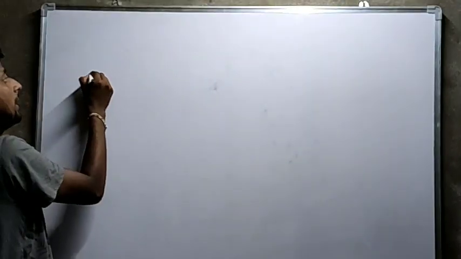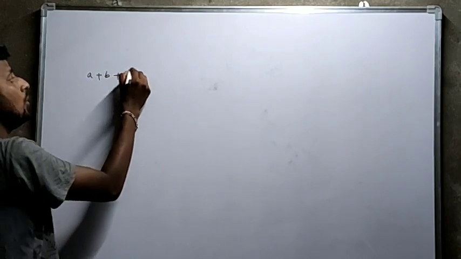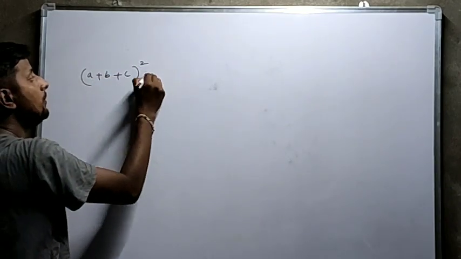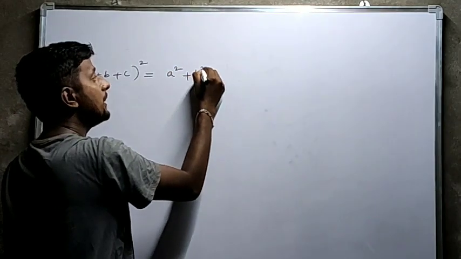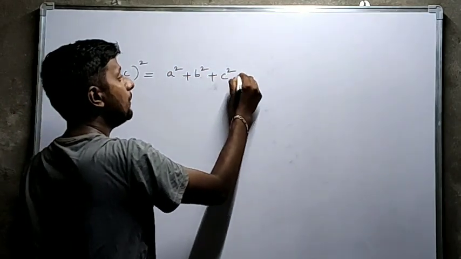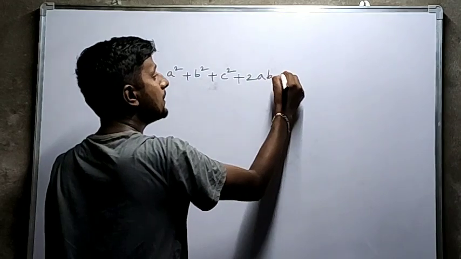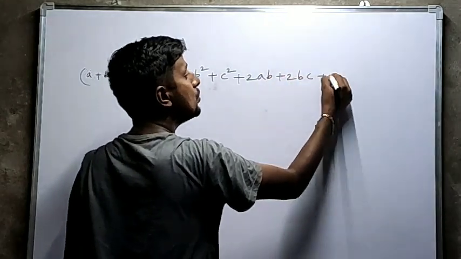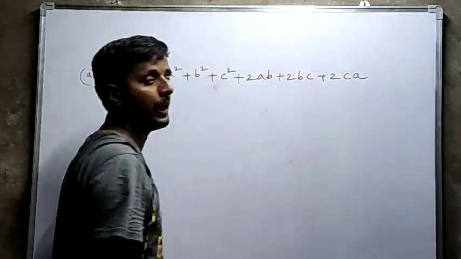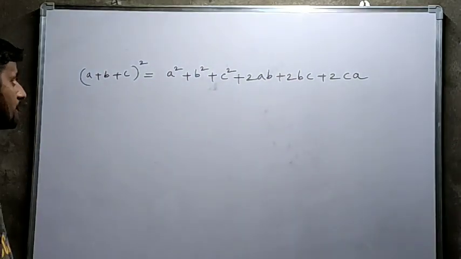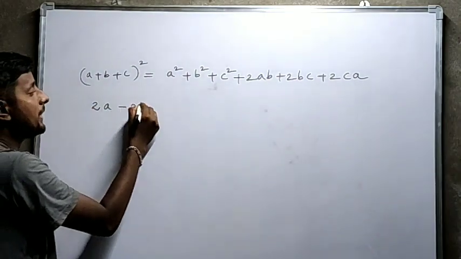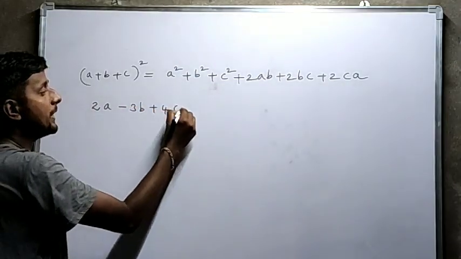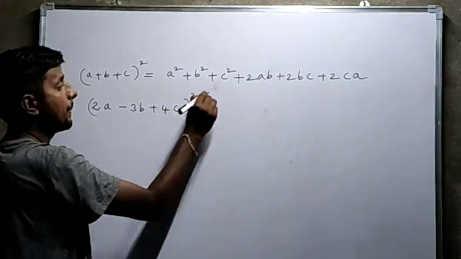A plus B plus C whole square is equal to A square plus B square plus C square plus 2AB plus 2BC plus 2CA. Correct? Next: 2A minus 3B plus 4C whole square.